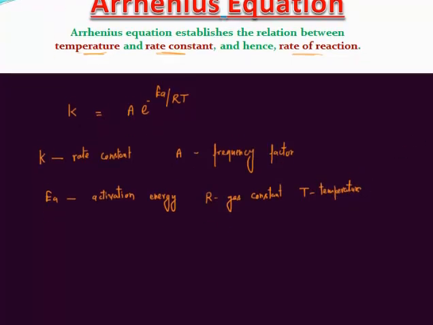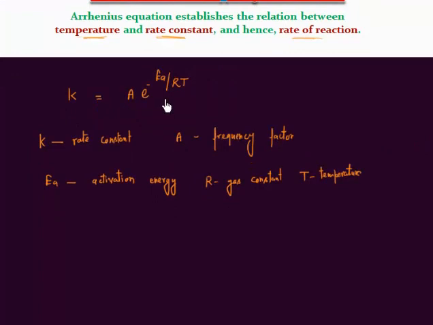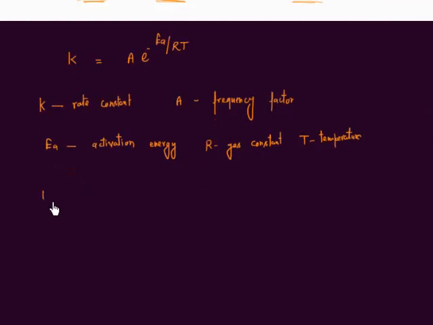Well, this equation can be simplified, and to simplify this equation we can take ln, that is the natural log, on both sides of the equation, and the expression we get is ln k = ln (A e^(-Ea/RT)).